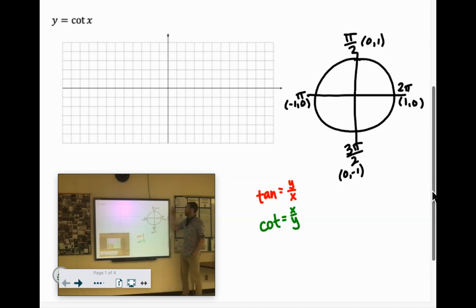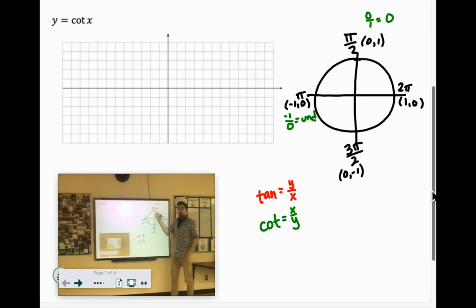So at pi over 2, if we did our x over y, we're going to get 0. Now with tangent, that was undefined, but now we're at 0. At pi, it used to be 0 with tangent, but now if we do x divided by y, this becomes undefined.